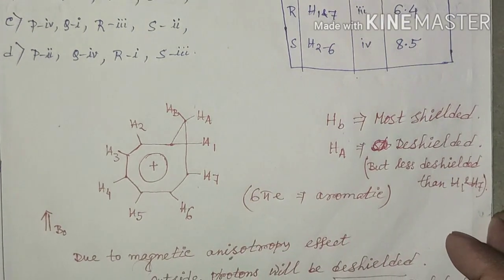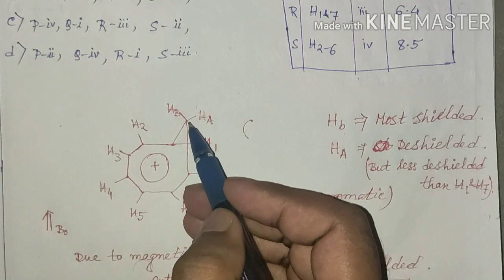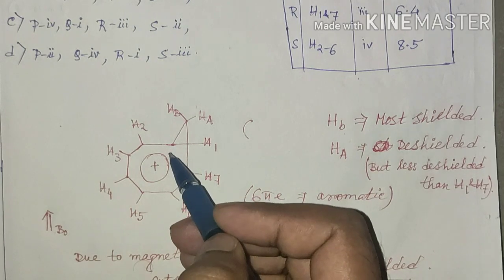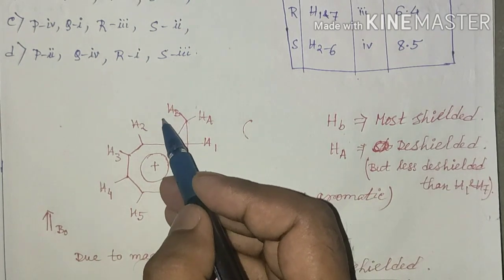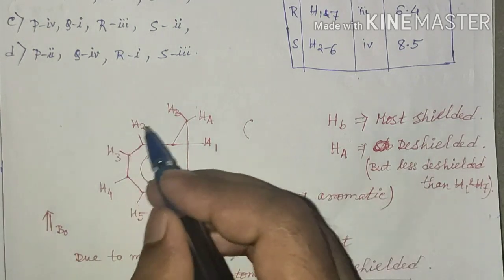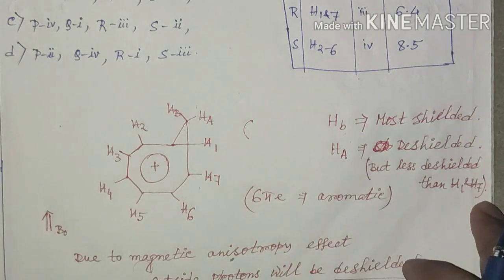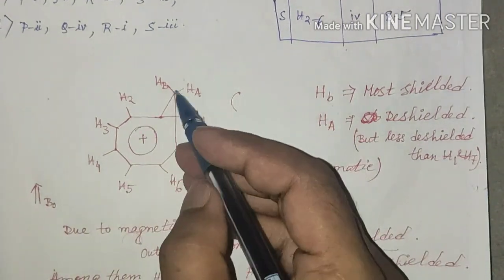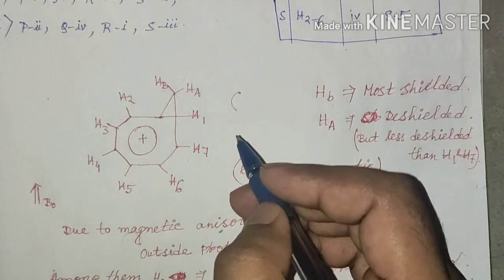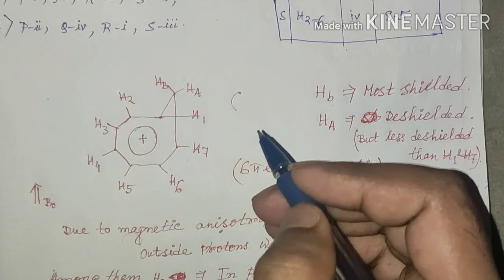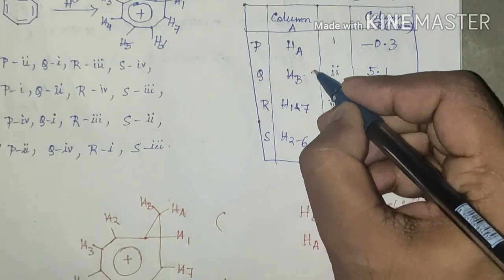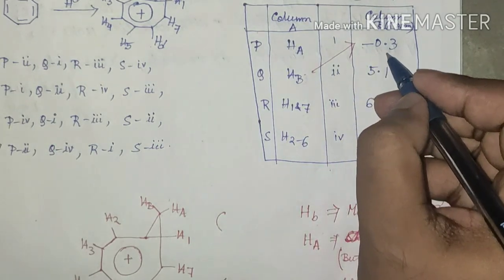Now from the magnetic anisotropic effect we know that the hydrogen atoms which are towards the ring, that is inside the ring, are more shielded and the protons which are outside the ring will be deshielded. So among the protons Hb will be most shielded and it will give the least delta value. So from this we can say that Hb will give the least delta value, like minus 0.03.